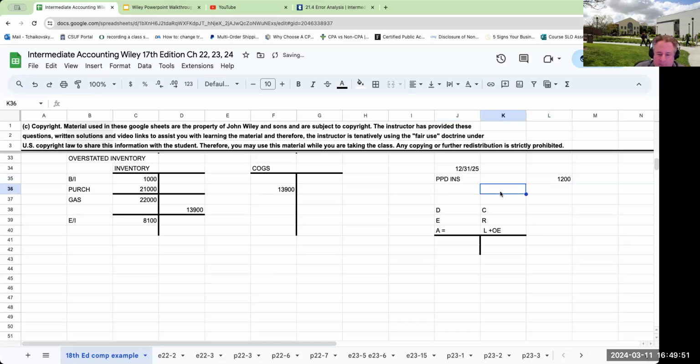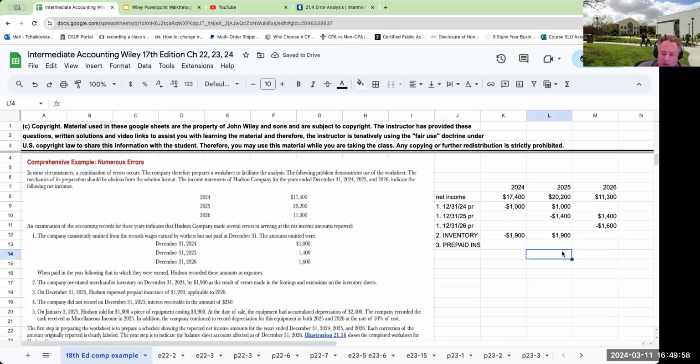That's what should have happened. However, I said insurance expense, so my expenses are too high. I need to go through and add this back to 2025. However, in doing so, because I expensed it in 2025 when I should not have, it's going to decrease my net income because it was applicable to 2026. So this is going to reverse itself.